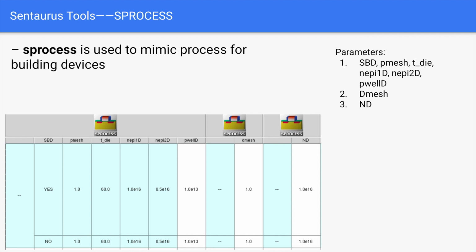The next Sentaurus tool I'm going to talk about is SProcess. SProcess is used to mimic the process for building a device. There are also different parameters like SBD, PMesh, T-die, and other parameters, and here there's also DMesh and ND.